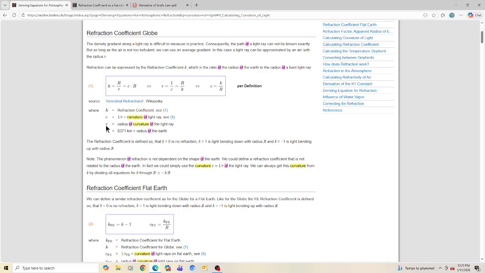Radius of the curvature of light, assumption. Radius of the Earth, another assumption. C, little c, I got to circle back to that one. But if c equals a coefficient based on a radius of the Earth, well, again, we have two assumptions through calculations of assumptions that come up with another coefficient.